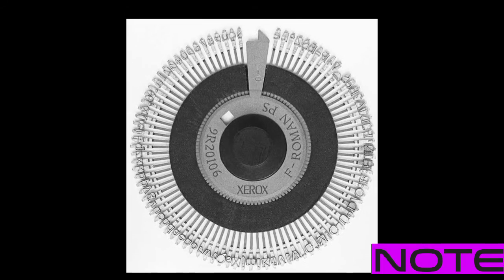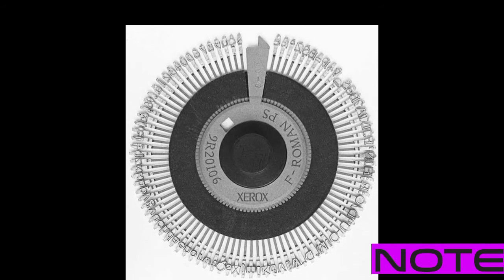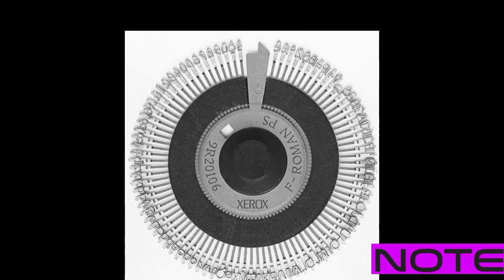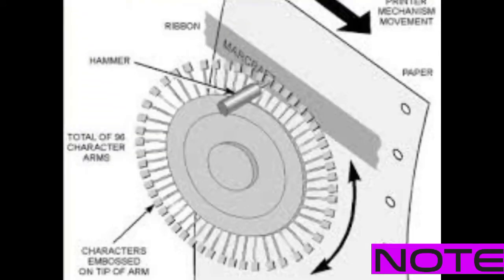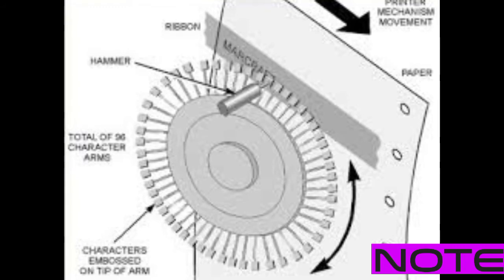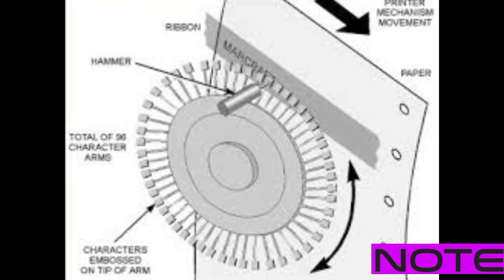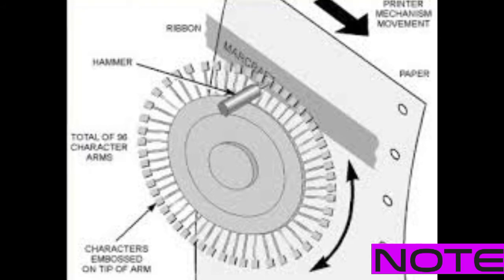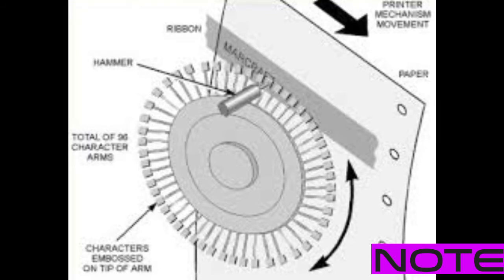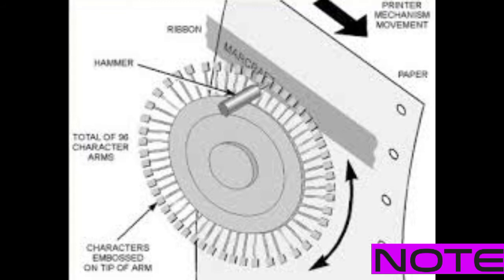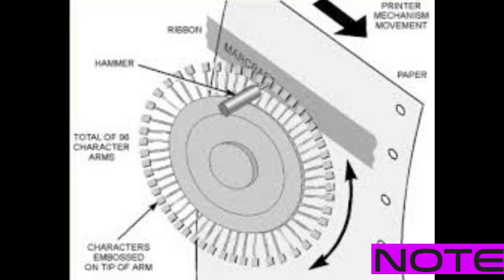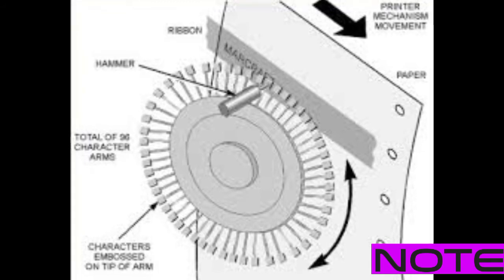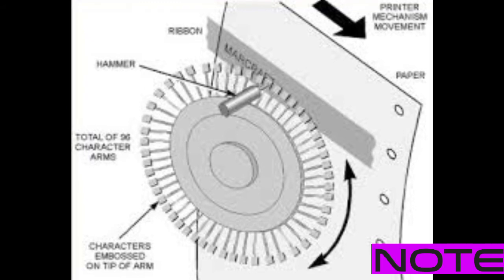During printing, the wheel rotates at high speed and an electromechanical hammer strikes the appropriate character when it comes under the hammer. The character is struck against an ink ribbon, which drives out ink from the ribbon and makes an impression of the character shape on the paper.